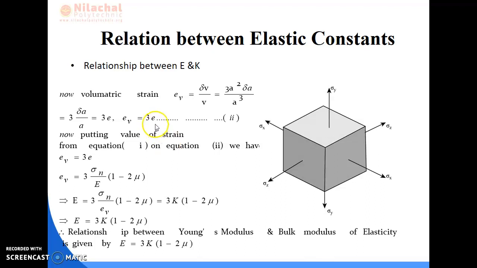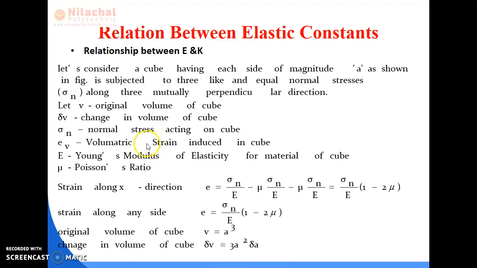Now we are going to calculate the value of strain. We know that Poisson's ratio is equal to lateral strain by longitudinal strain. Now the lateral strain will be equal to longitudinal strain into Poisson's ratio. Considering the deformation of body along the x direction, that will be the deformation along the longitudinal x-axis direction.